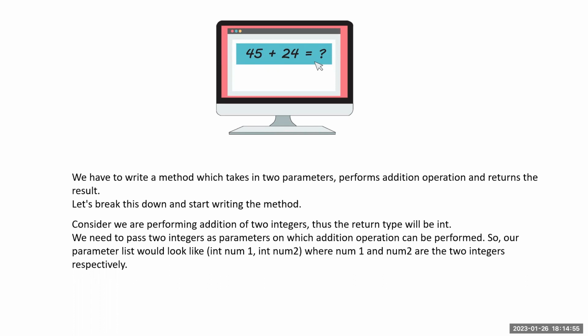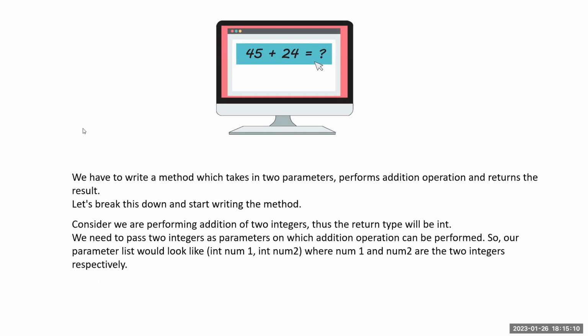You might already be aware, because the syntax is very simple. You write the modifiers, and then the return type of the method. Here, the return type would be number.